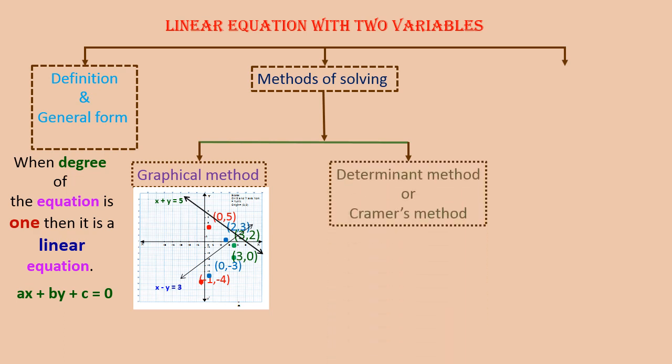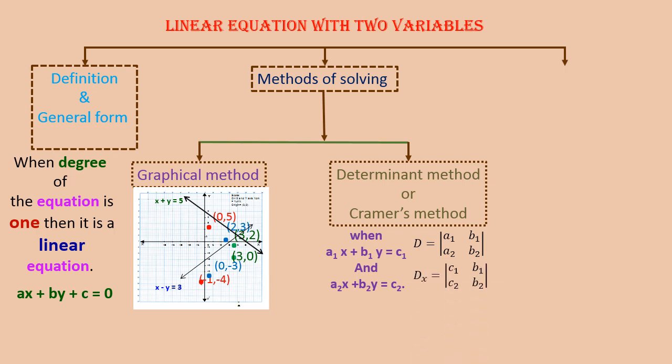The second one is the determinant method, which is also known as Cramer's rule. If the two equations are given to us as a1x plus b1y equals c1 and a2x plus b2y equals c2, then we get D equals determinant of a1, a2, b1, b2.